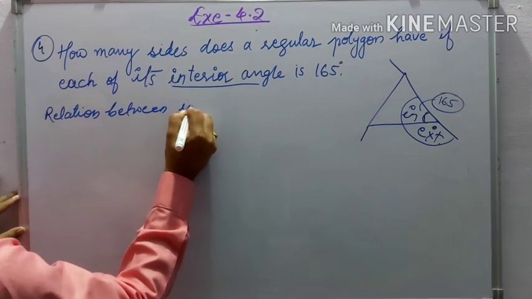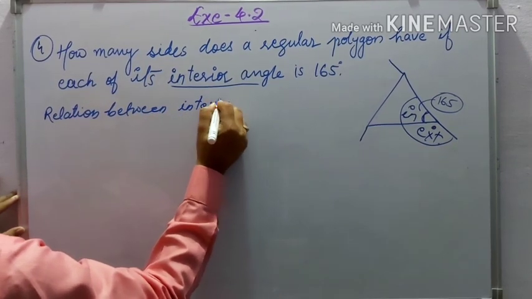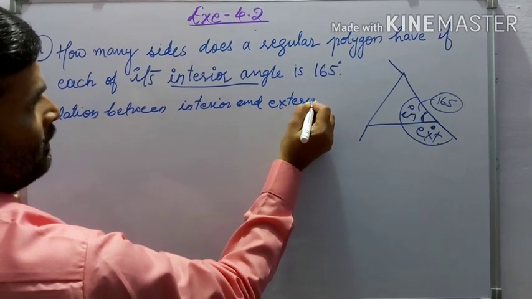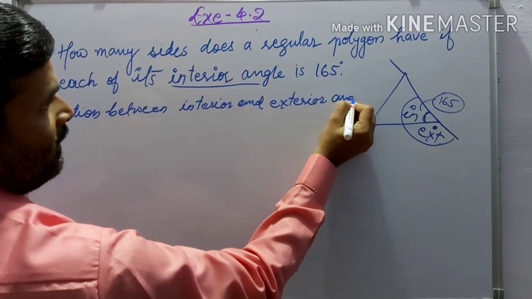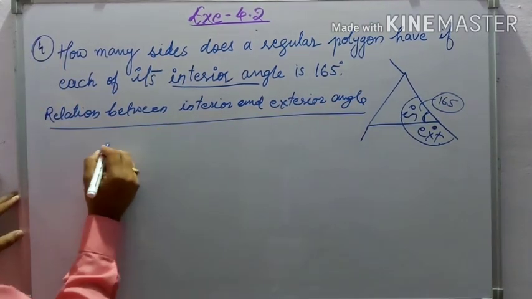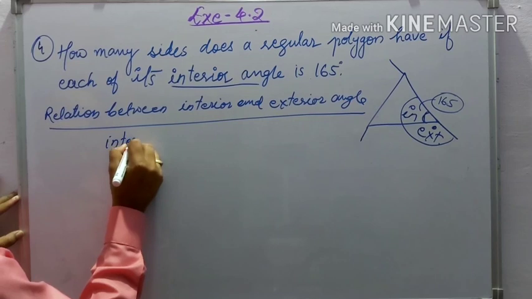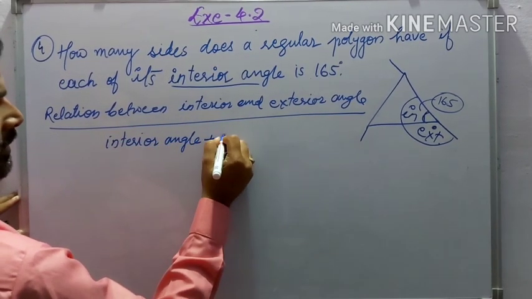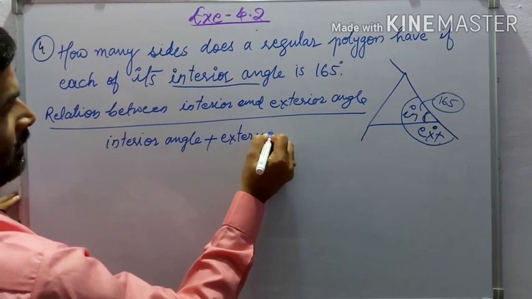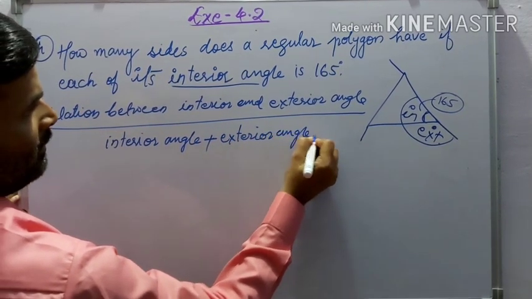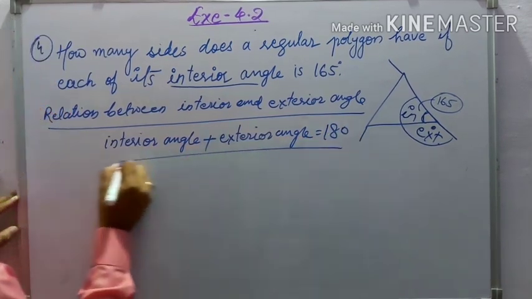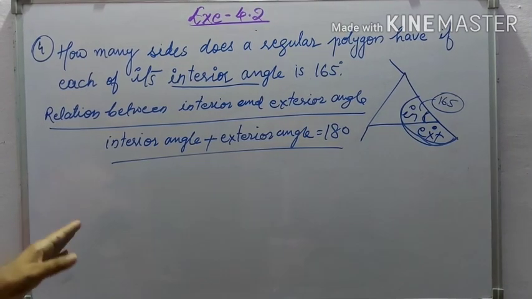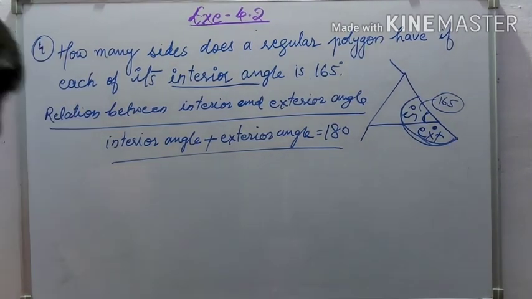Write the relation between interior and exterior angle. Interior angle plus exterior angle is 180 because this is a linear pair. So use this relation and first find the exterior angle.